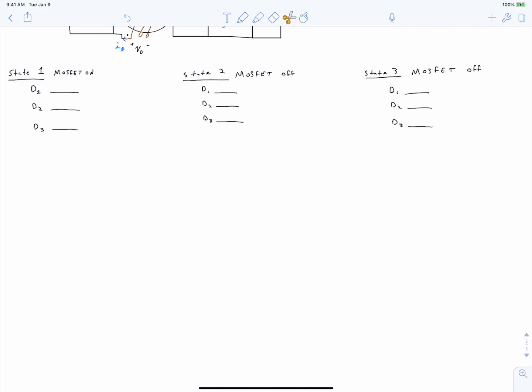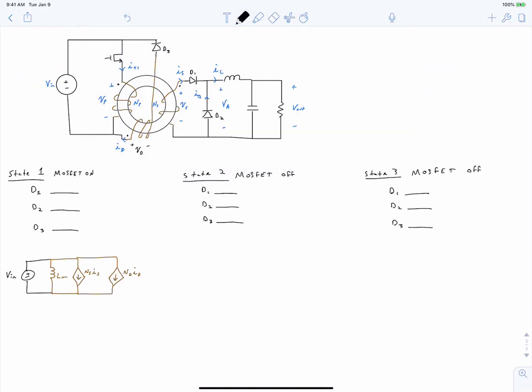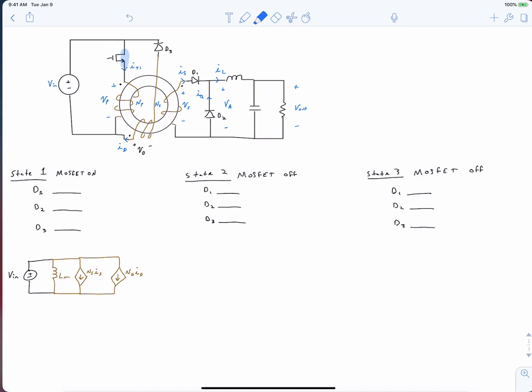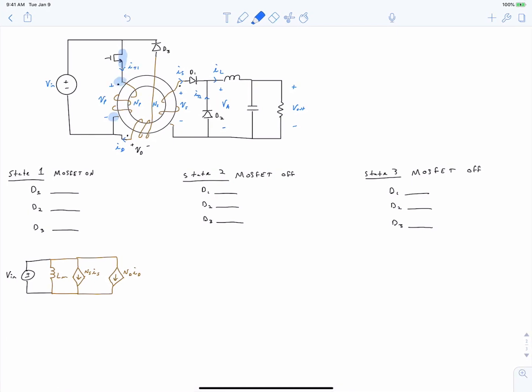So starting with the primary, we have our input voltage connected across the terminals of our transformer because the MOSFET is shorted. So again, we've turned our MOSFET on, and clearly our input voltage is now connected across the terminals of our transformer.